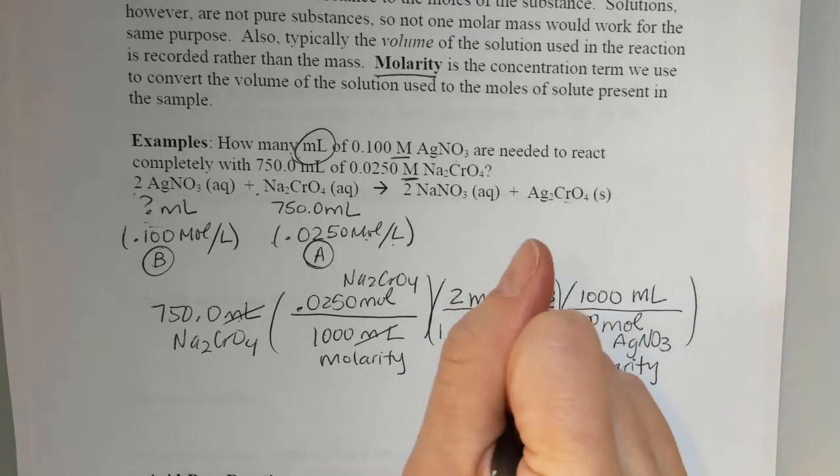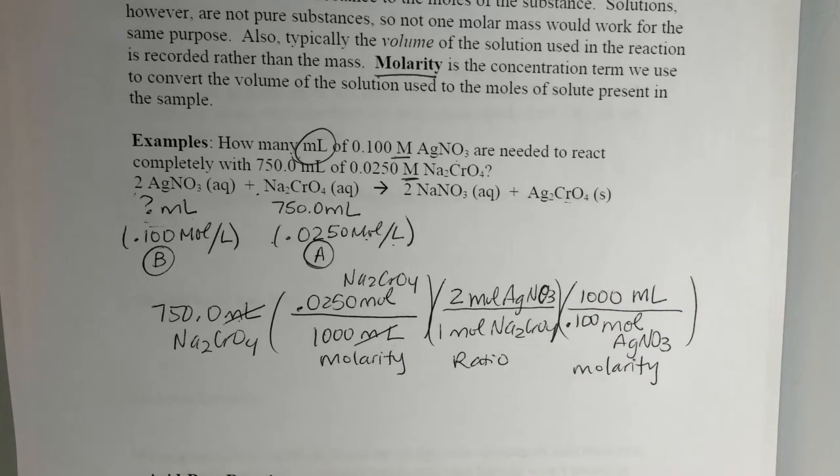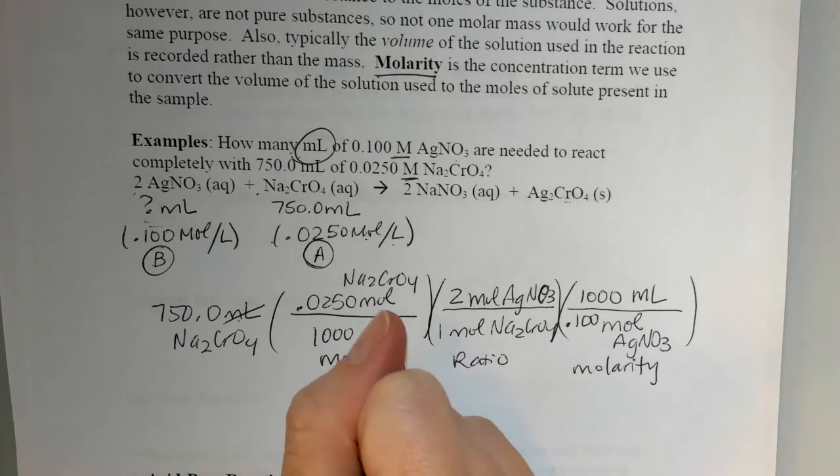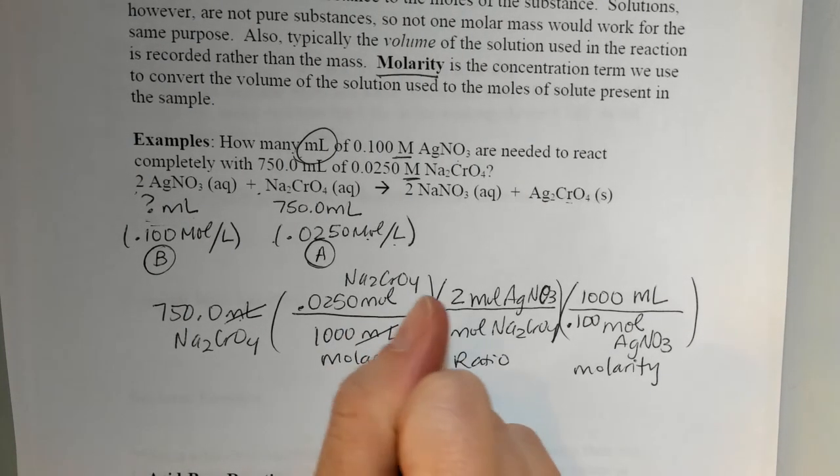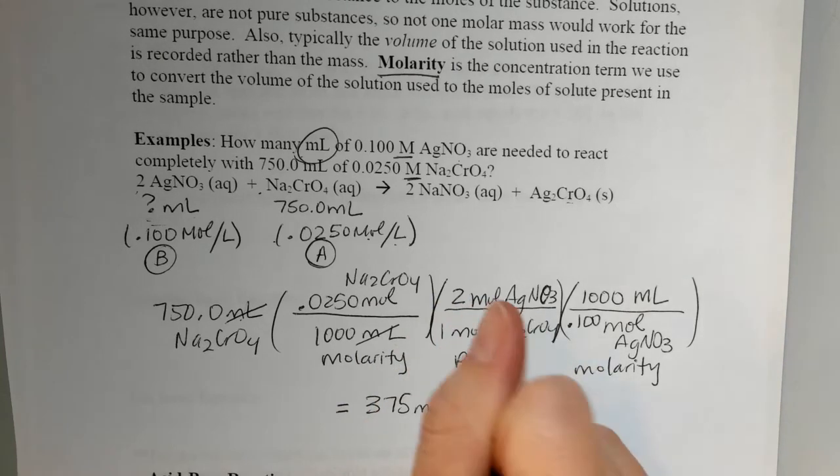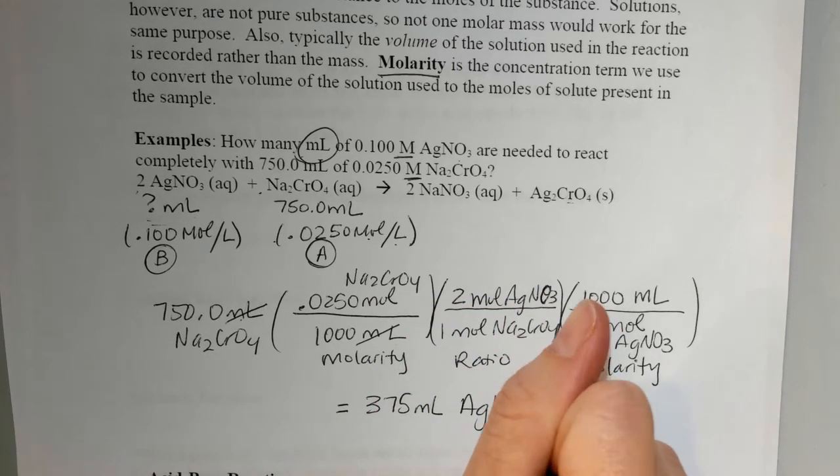And of course, in the middle, you always have your mole to mole ratio. So I'm going to take my 750 times 0.025 times 2, and then divide by 0.1. The thousands will cancel out. And to 3 significant figures, I get 375 milliliters of silver nitrate.